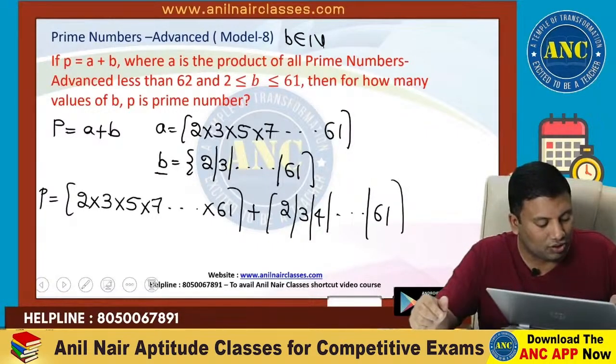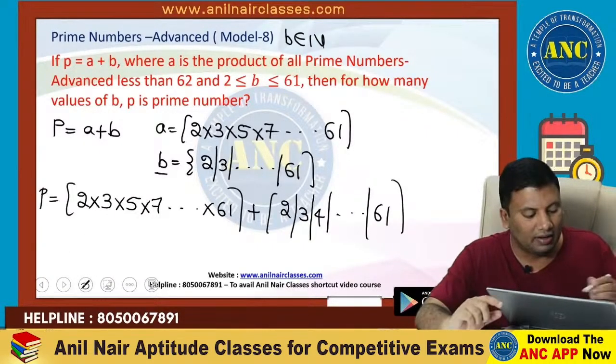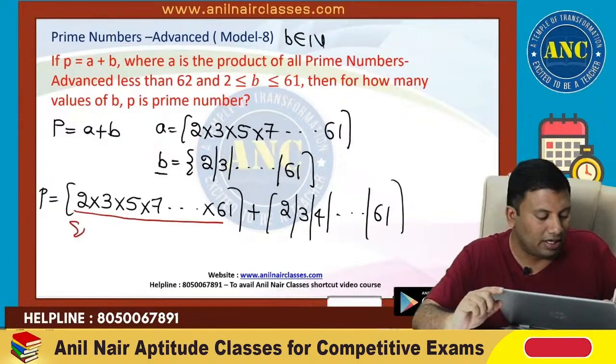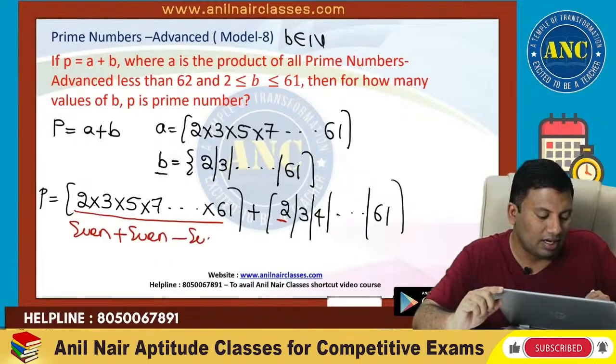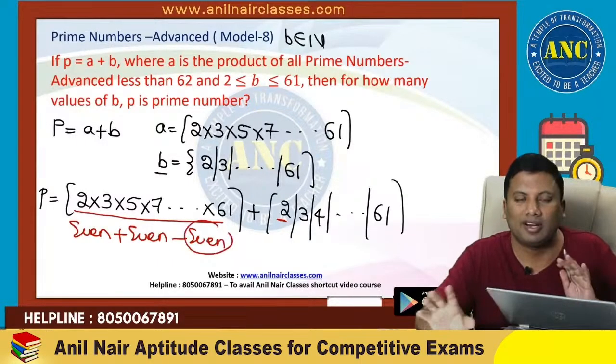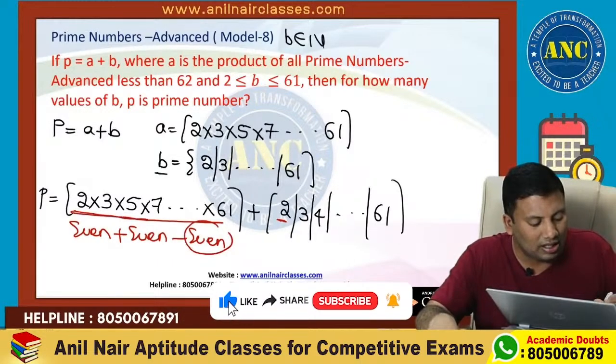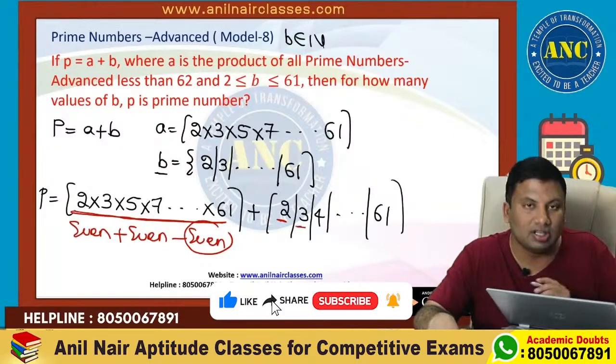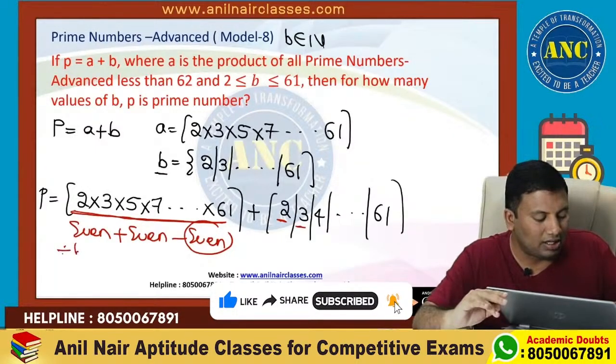Very, very good question. Now if you think logically, this is multiplied by 2, an even number. This is 2, an even number. Even plus even is an even number. Are you with me? This is multiplied by 3, so the answer will be a multiple of 3.